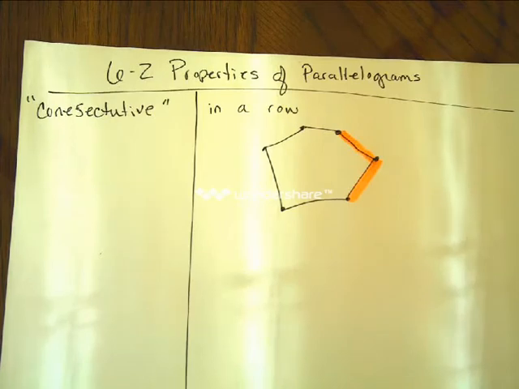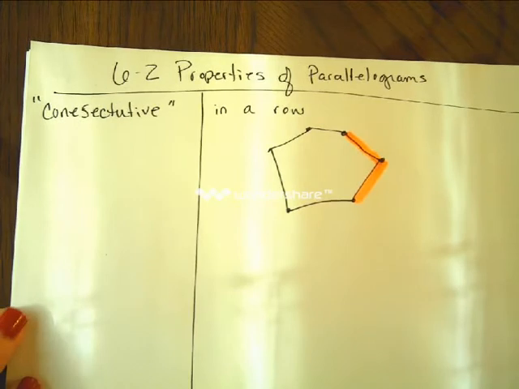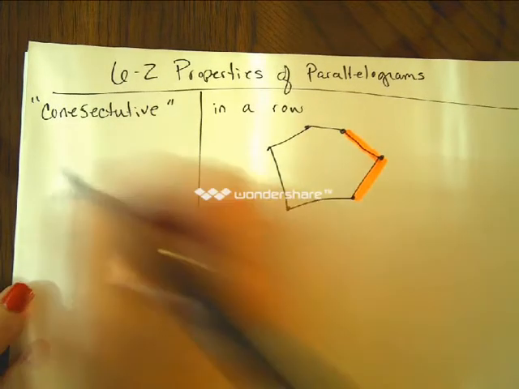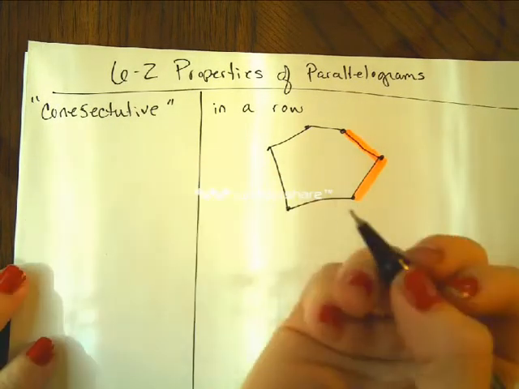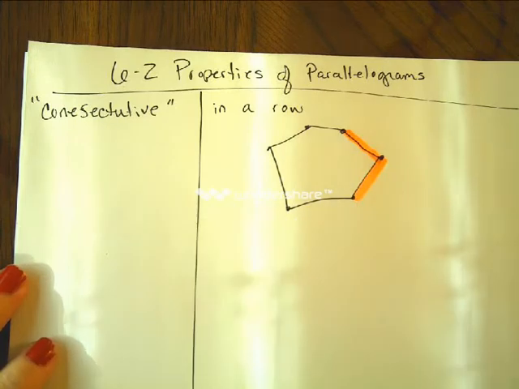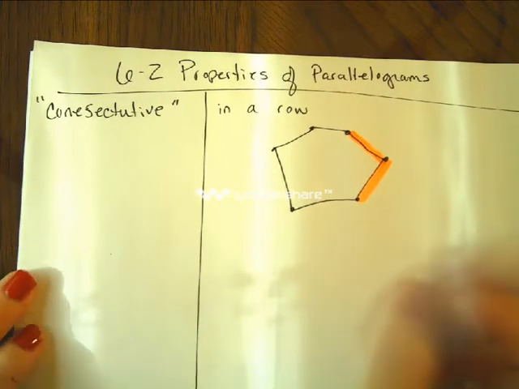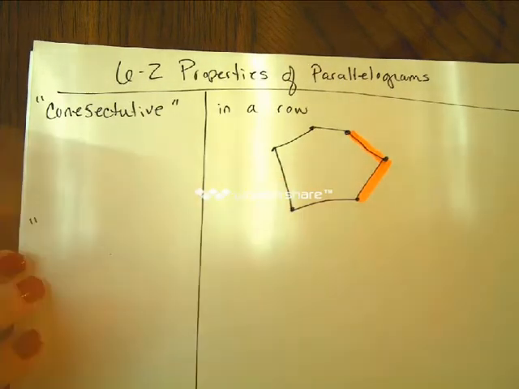The reason why this is important is because you need to know that in a parallelogram, and this isn't a theorem, I don't know why it's not a theorem, it could have been a theorem in the book, it's easily provable, but it's not, so it's just one of those properties that you need to know.